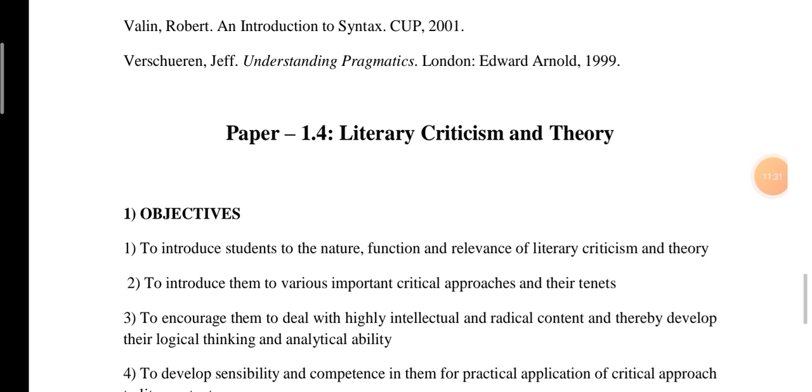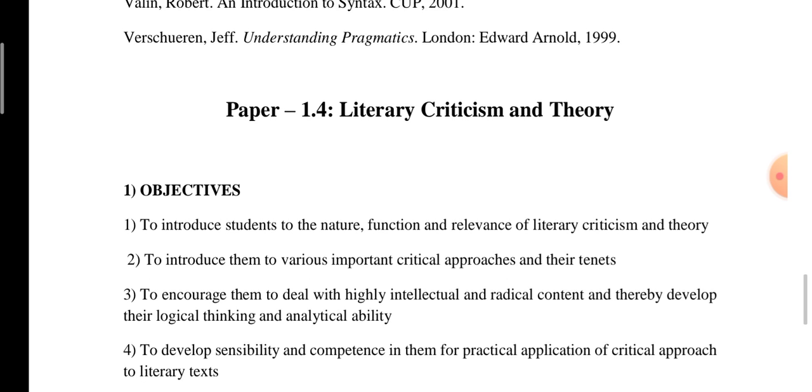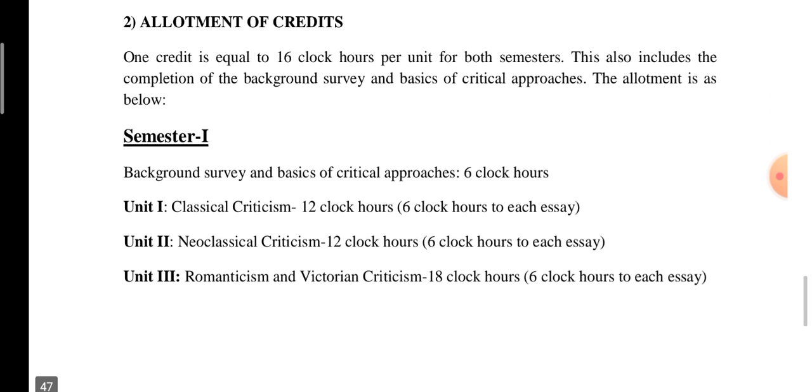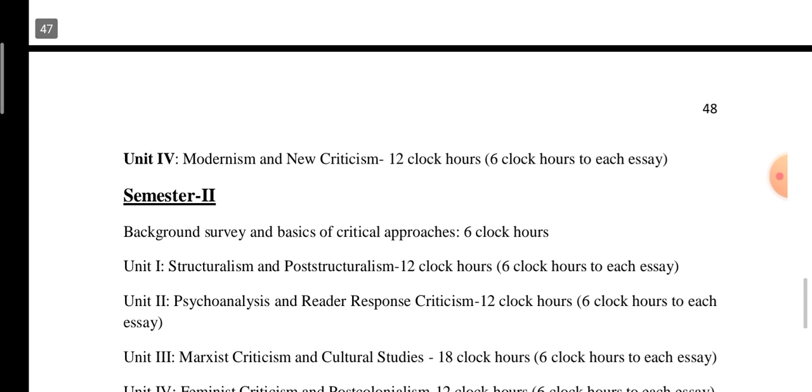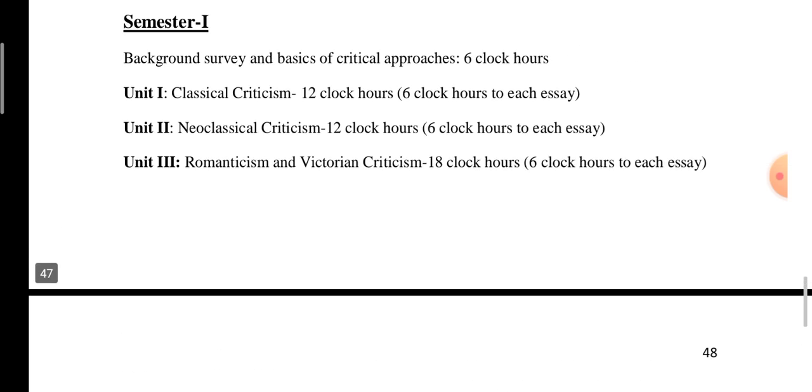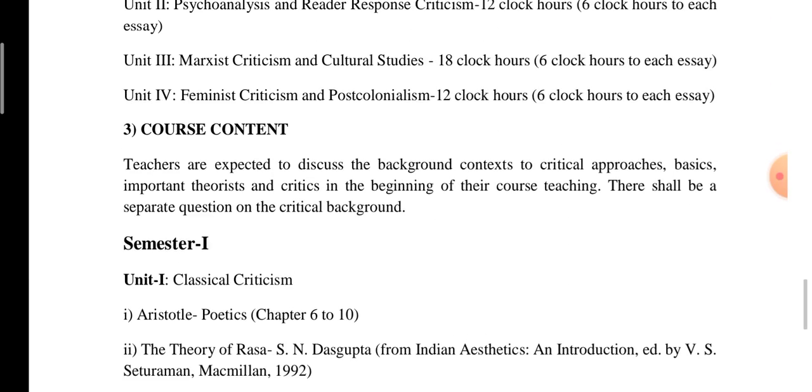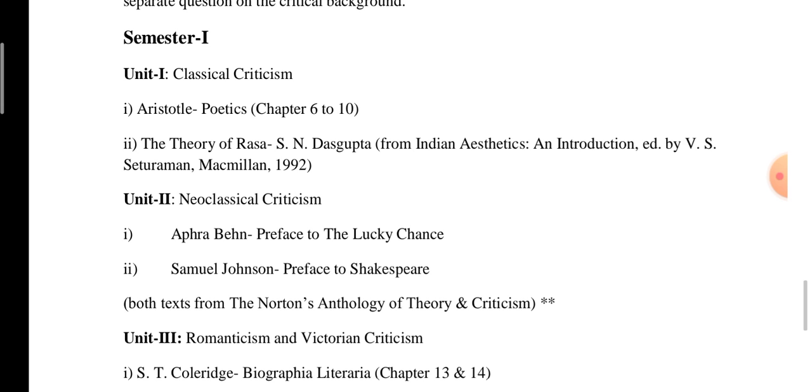Then the last paper, 1.4, Literary Criticism and Theory, also has 4 units. The first unit is classical criticism.